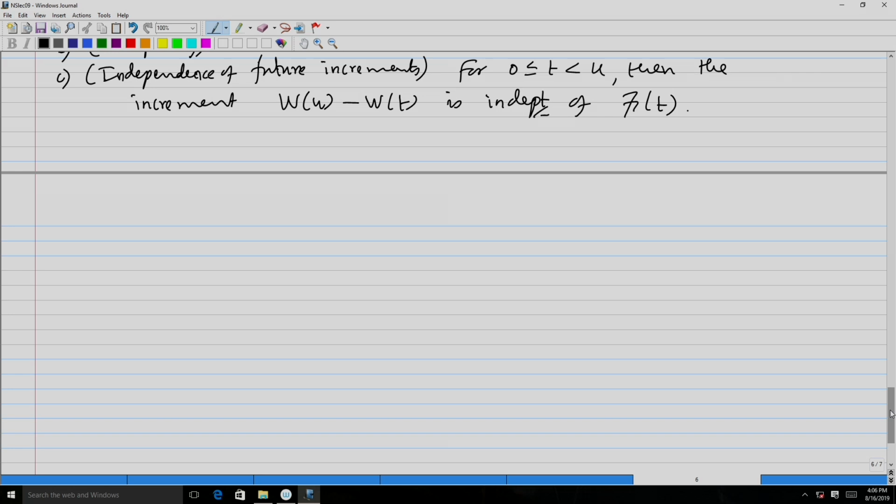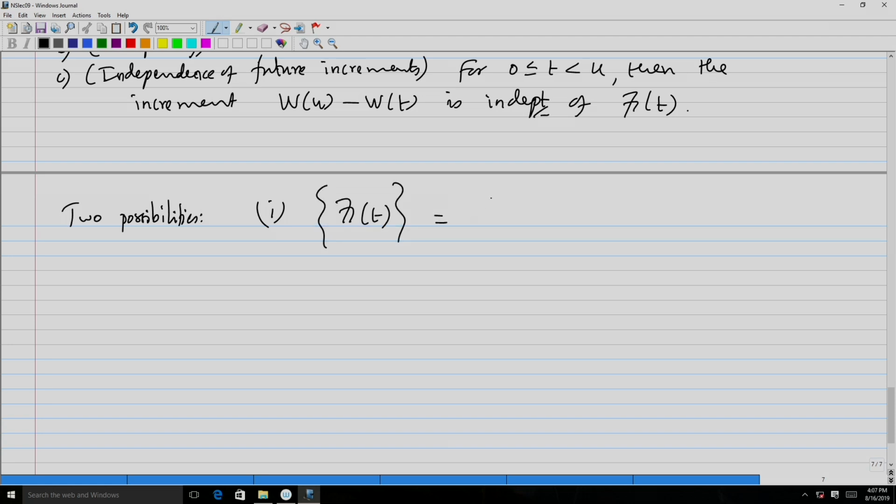Now, how do we construct such a filtration? There are two possibilities which normally happen. One is you take the filtration generated by the process itself.